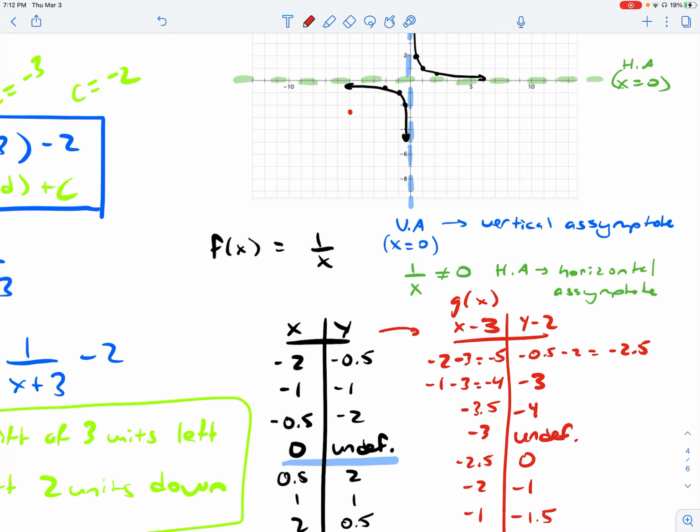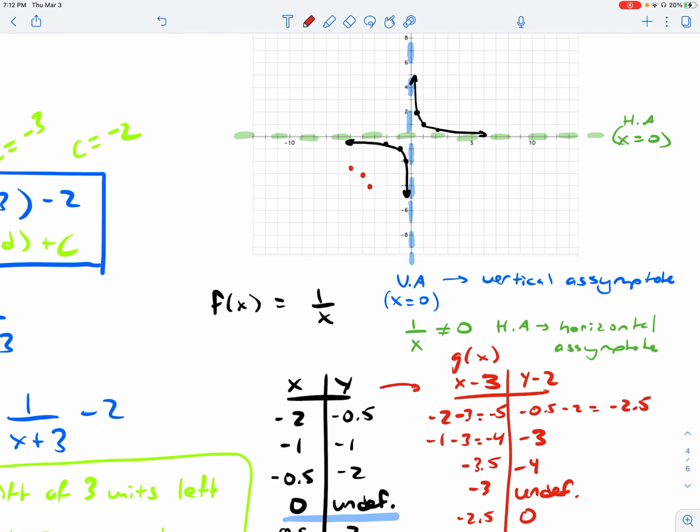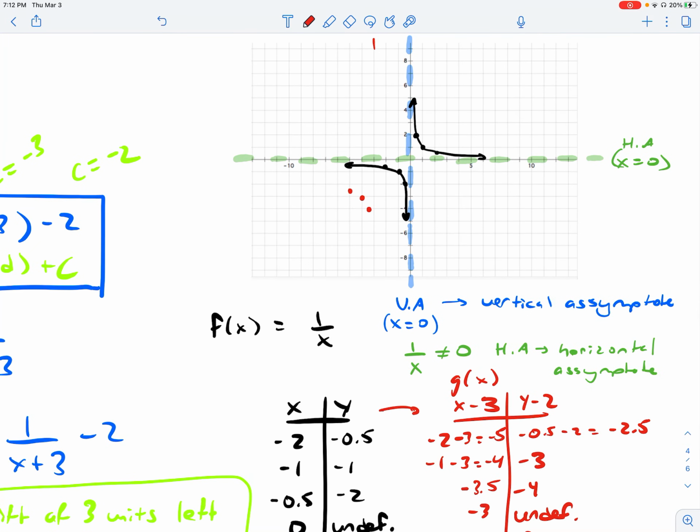Then we got negative 4, negative 3. That would be right here. And then we have negative 3.5, negative 4. That would be there. Negative 3 is undefined. That's going to be my new VA. So at negative 3.